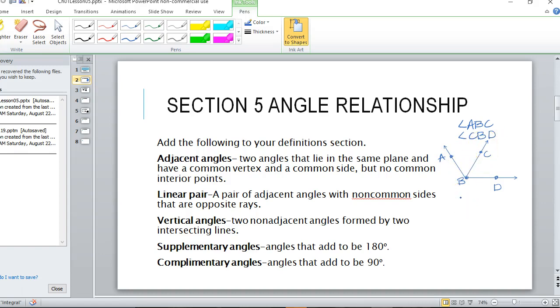Right? Linear pair, no common sides. Or there are common sides, they are adjacent angles, so it will look just like this, except that they will have the non-common sides heading in the opposite direction. So it looks like this. Start out with a straight angle.